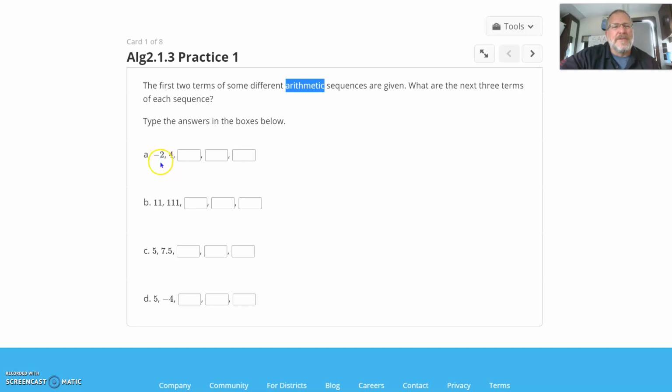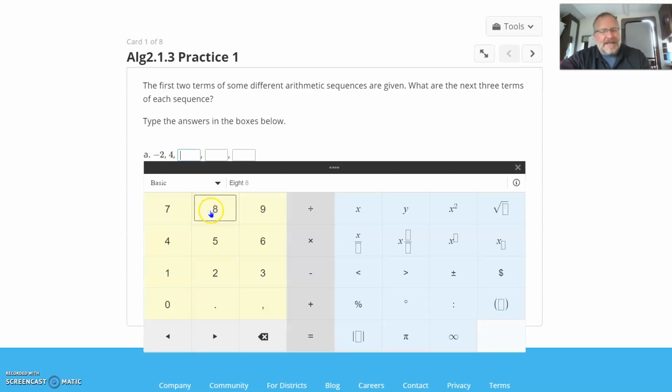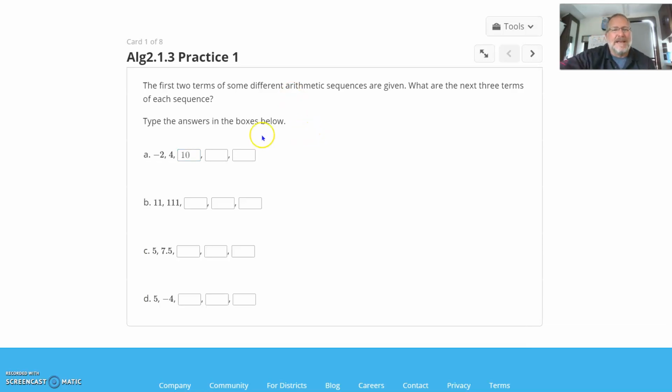And I think you can see between the -2 and the 4, if you're on a number line, you've moved across +6. So then if I was to continually add 6, the next one would be 10, and etc. If you ever have trouble trying to figure out what is being added, you could work backwards.